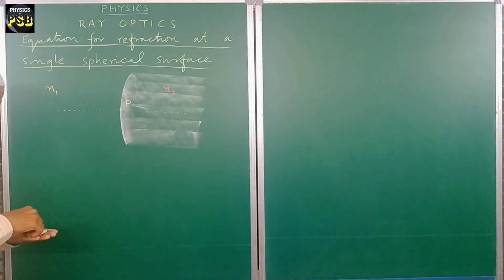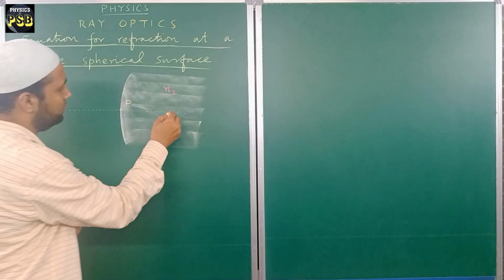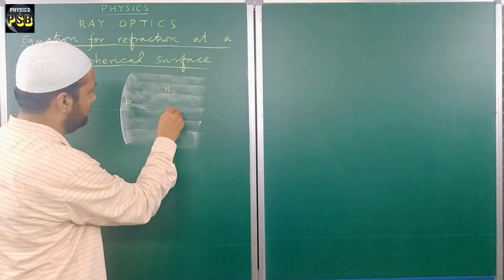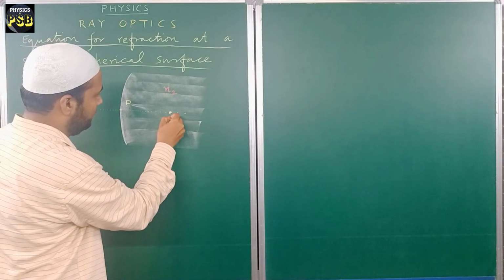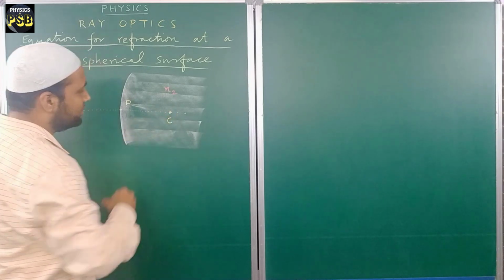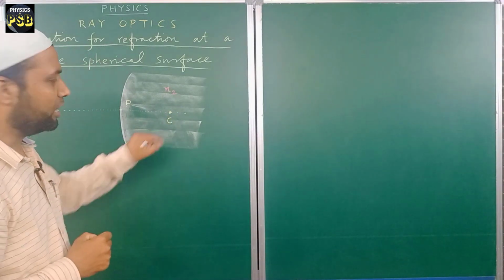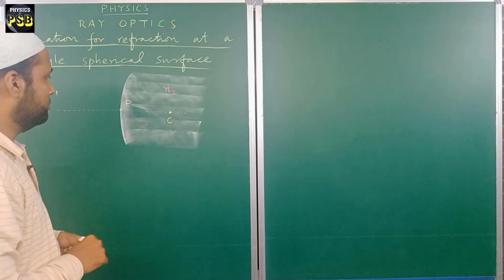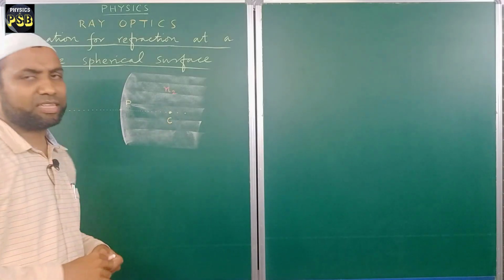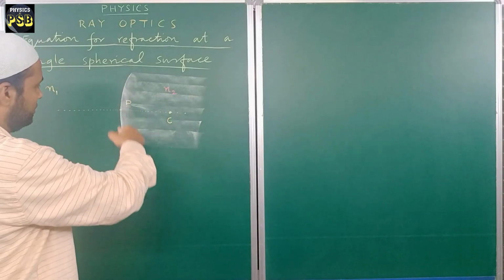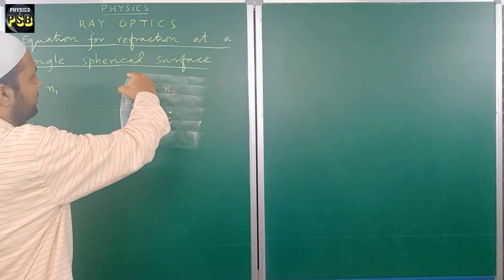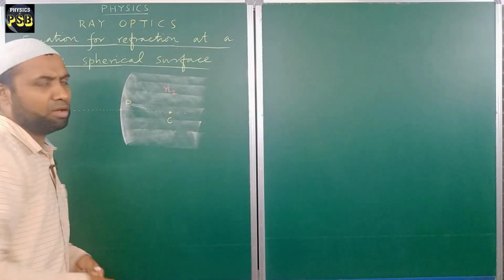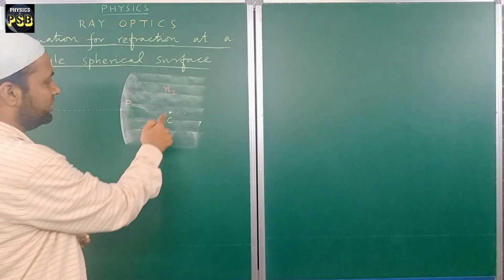Now, I take one point here and represent it by the letter C. This is the center of curvature. Here C is the center of curvature of this spherical surface. Suppose if I continue this, it will form a sphere of which this is the center.